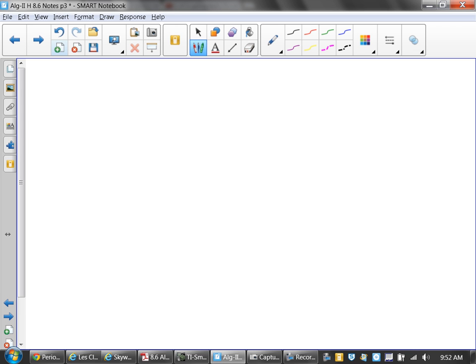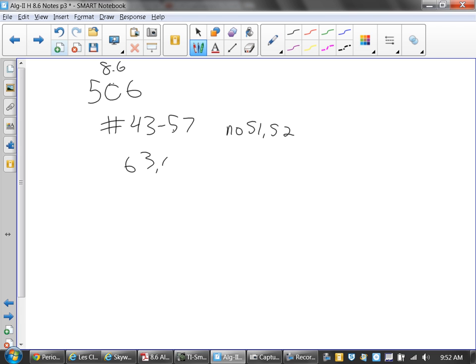Now, one of these variables might be something you have to solve for using the log rules. You just have to go back and remember which equation you're working with. So on page 506, it's the same section, 8.6. Numbers 43 to 57. Don't do 51 or 52. And then 63, 64, and 65. And we'll call it a day on these things.